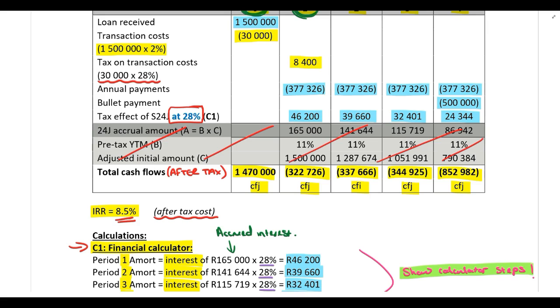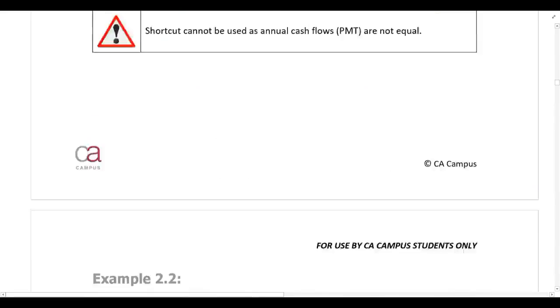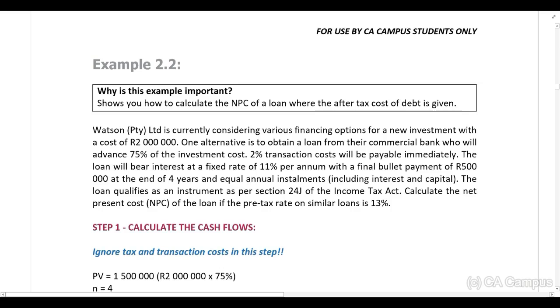All right. So in this example, I showed you how to calculate the internal rate of return. As an alternative, instead of calculating the internal rate of return, you could also calculate the net present cost. So in the next example, it's exactly the same information. However, now, instead of calculating the internal rate of return, you are going to calculate the net present cost of the loan.